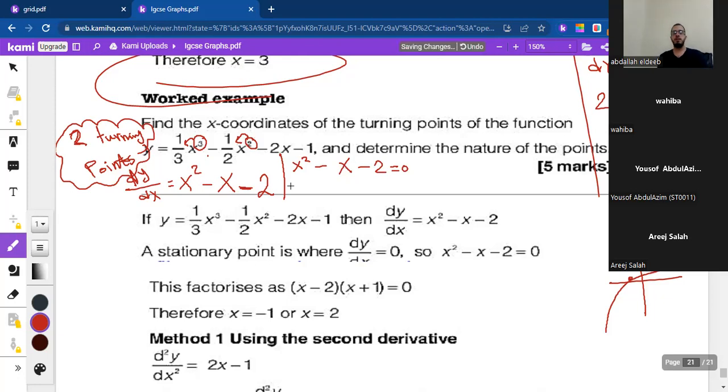Then you need to solve the equation. Here we solve the equation by factorizing. So factorize.